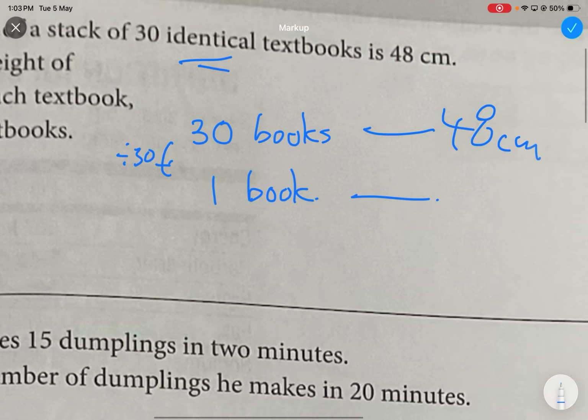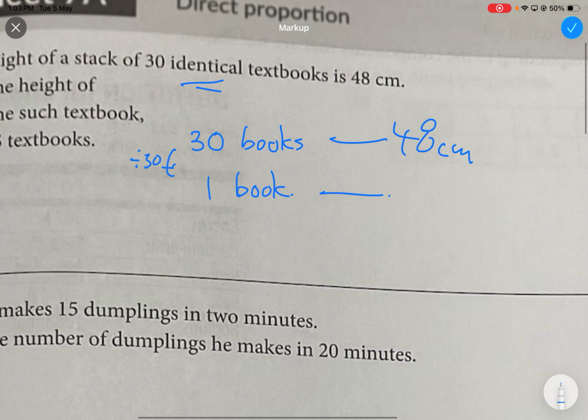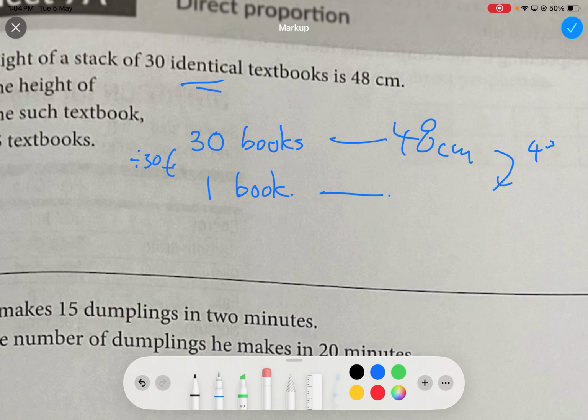Okay? So, at the same time, it is on the other side. If I want one book how thick, then I must also do the same thing here. So I must also divide by 30.